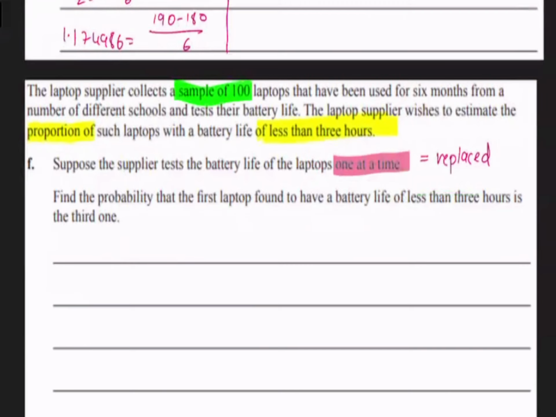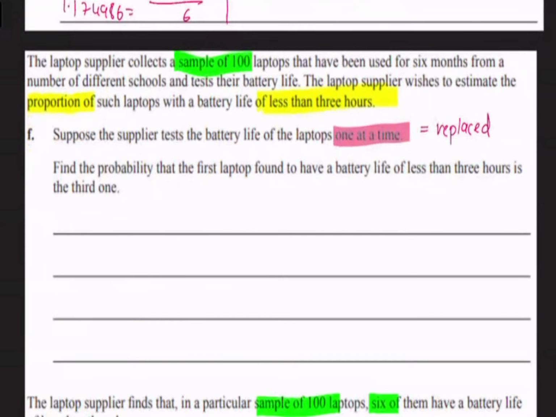So now we have a sample of 100 laptops again, and we're back to sampling. Suppose that they're testing it one at a time with replacement. That means the laptop's taken and then it's returned to the sample.